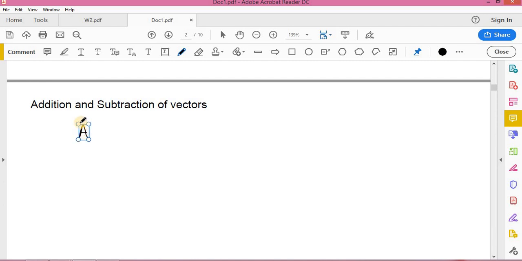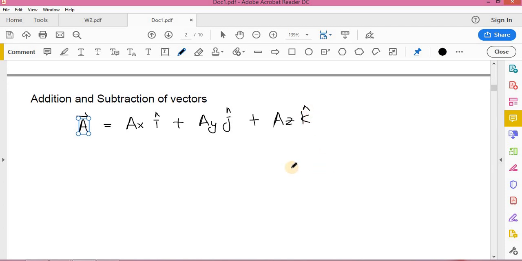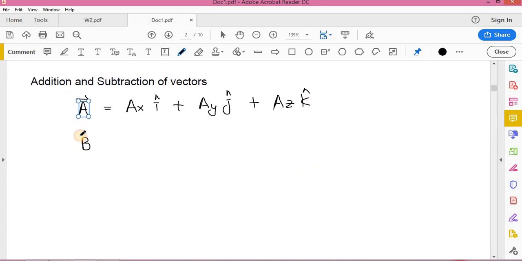Now let's say you have a vector A represented by AX plus AY plus AZ, and the other vector is BX, BY and BZ.